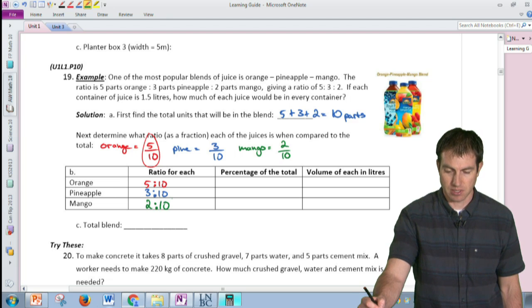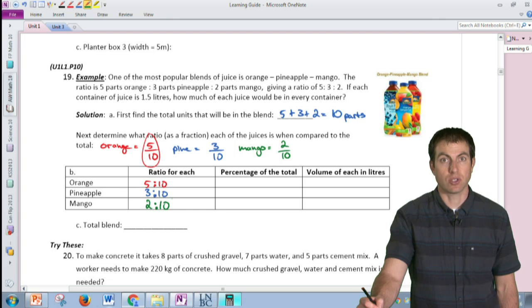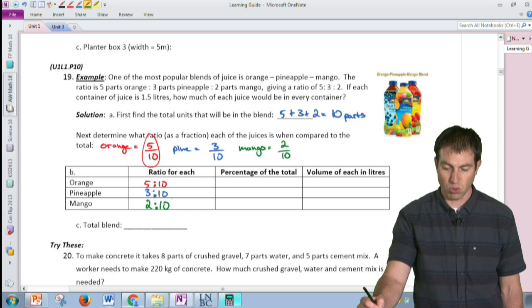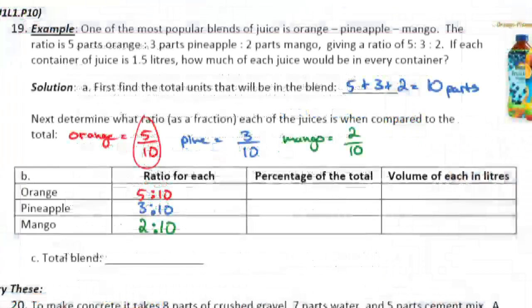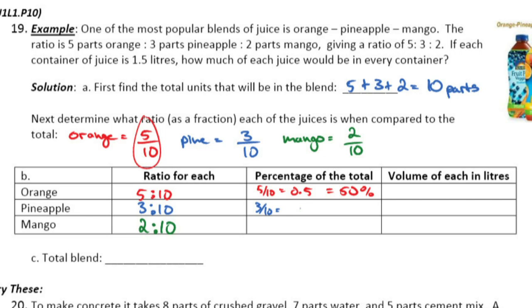And others would be devastated. 5 out of 10, you just go 5 divided by 10, you get 0.5 or 50%. I can do the same thing for pineapple. I had 3 out of 10, which is 0.3, which is 30%. And then I have 2 out of 10, which is 0.2, which is 20%.